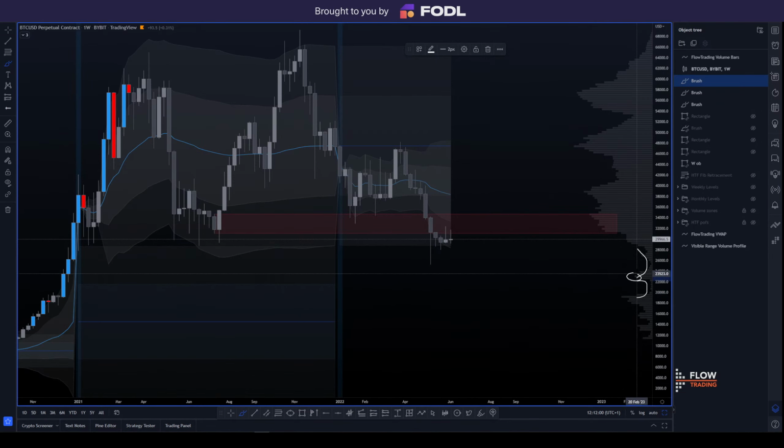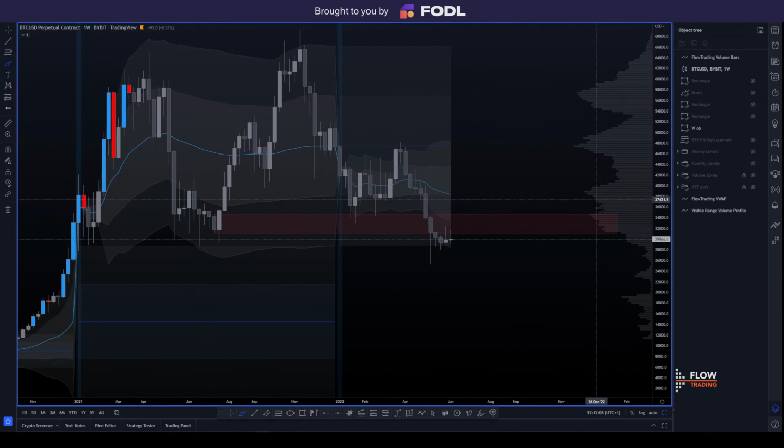There is a little bit of a cluster here around about 23,000, $22,000, but the higher cluster of volume is around about here, around about 20,000, something like that. So that's potentially what we're seeing here on the lower time frames. If we do see a great big dump to the downside, if there are any nasty surprises coming out of the CPI index, don't try and catch a knife, because that's basically where we could be heading. That's the bearish case scenario.